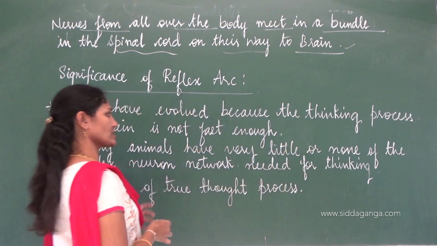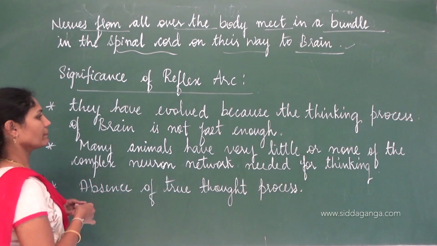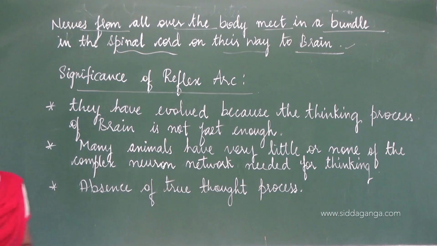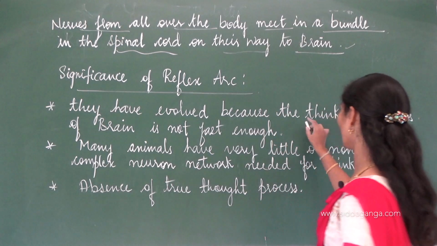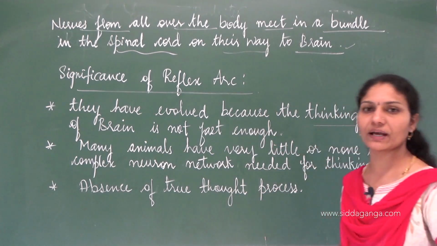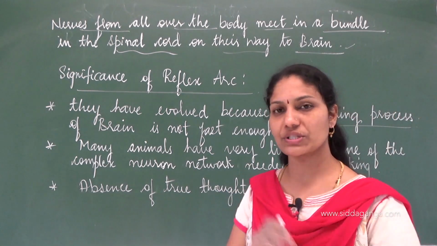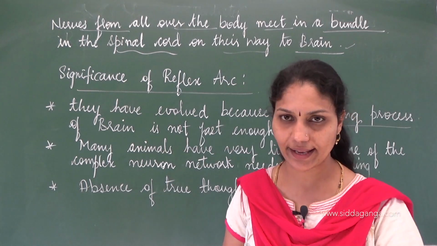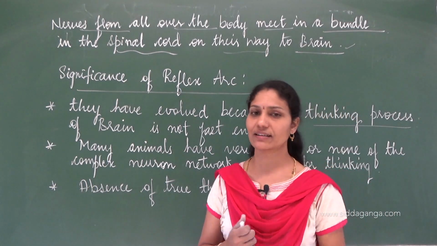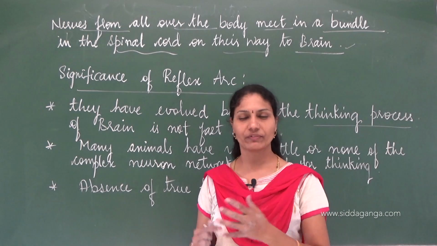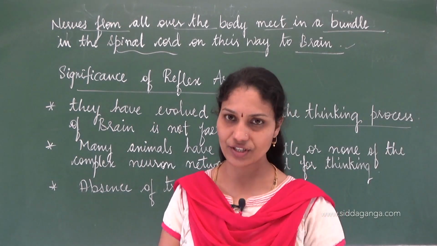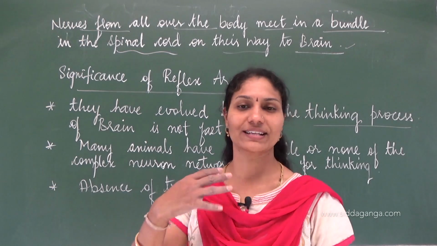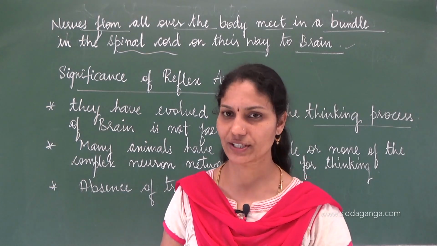Although the thinking process is very well developed, even in organisms like human beings where the cranial capacity is very well developed, reflex action is the most efficient way, especially in saving our lives when a danger is encountered, in saving us from dangerous situations. These reflex actions are still quite efficient.